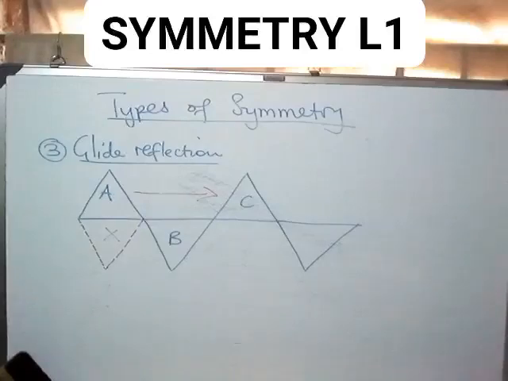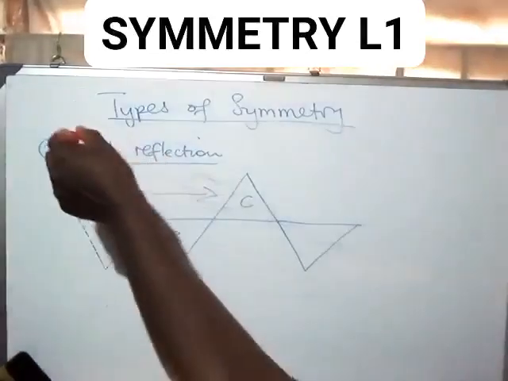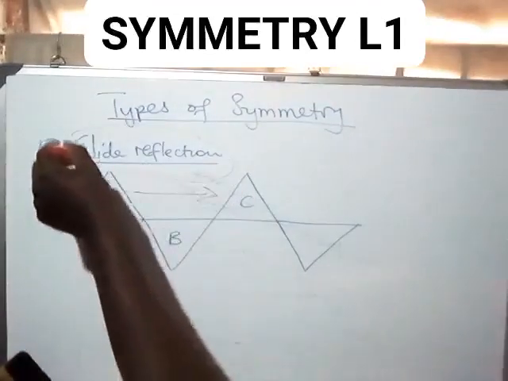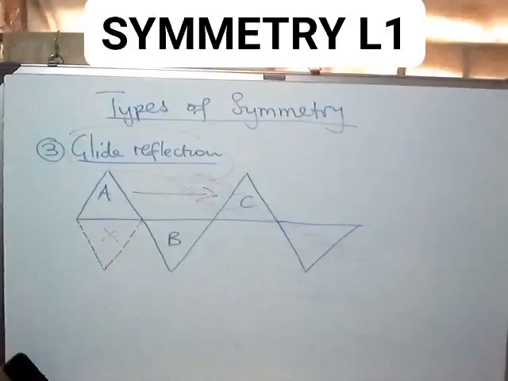When you combine the two, the translation and the reflection, you form what is known as the glide reflection. So it is a combination of two, reflection and translation.